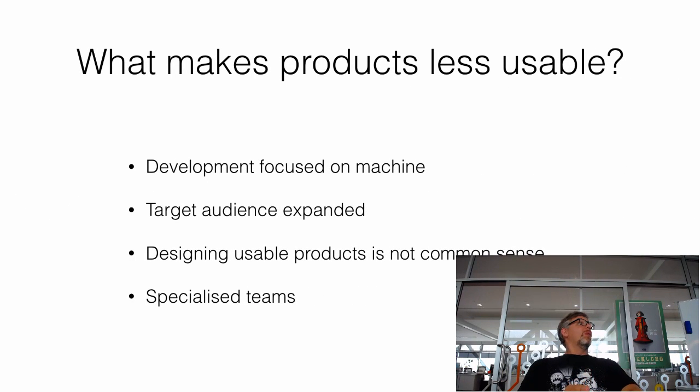So, what makes products less usable? There are some typical problems that you encounter, and one is when something is developed and people just focus on the device and they don't consider the user. It's a recipe for disaster, right?